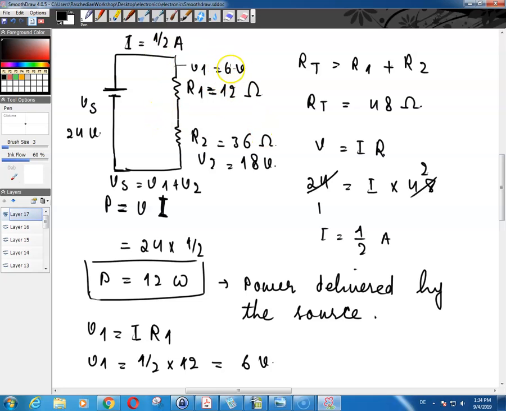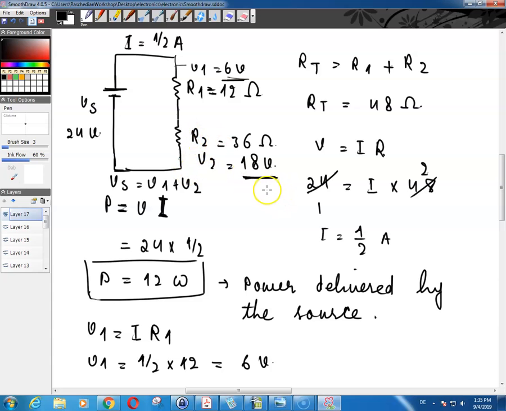So your voltage drop across R1 is 6 volts, across R2 is 18 volts. That means that if you take a voltmeter and place your probes across R2, you will read 18 volts. If you put your voltmeter across R1, you will read 6 volts.